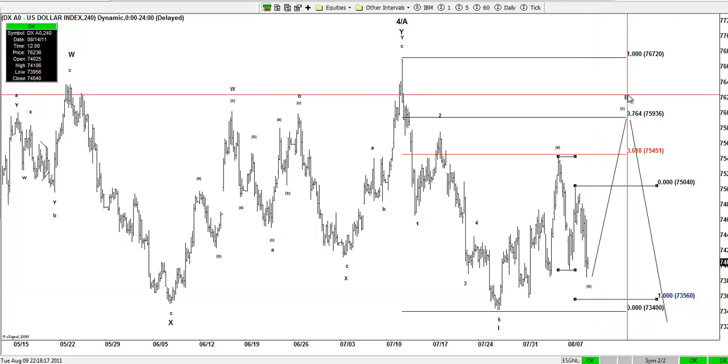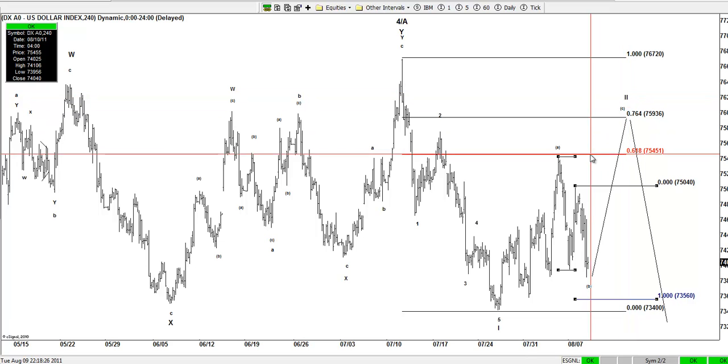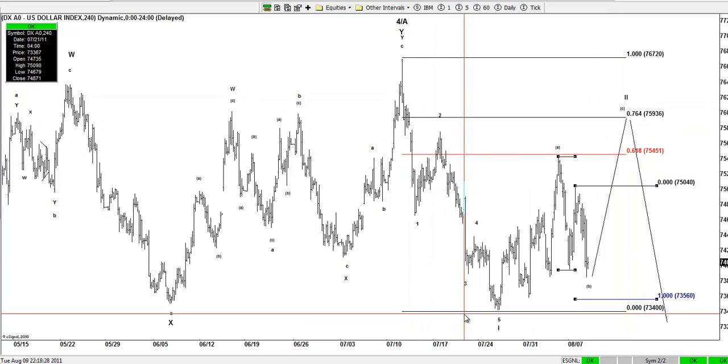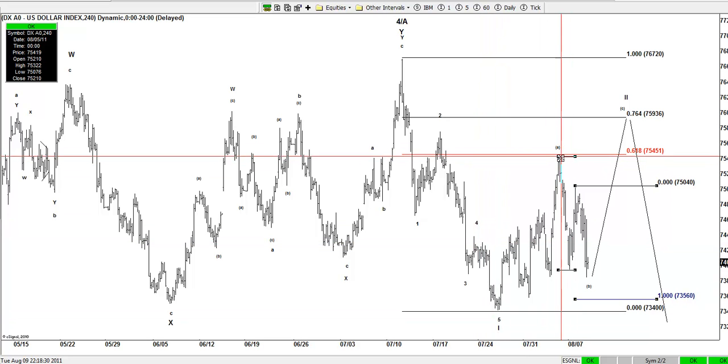Guys, at this stage there is not a high degree of confidence in this proposed count, due to the fact that these are 5 waves here and the proximity we were pretty close to the 618 over there.